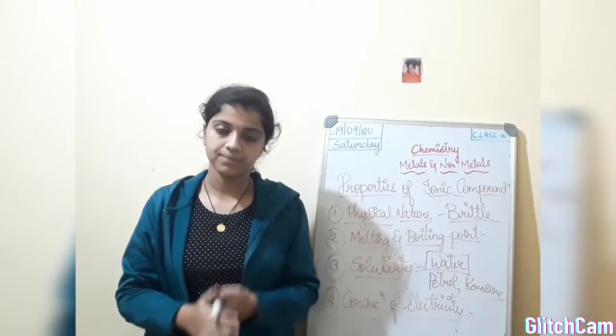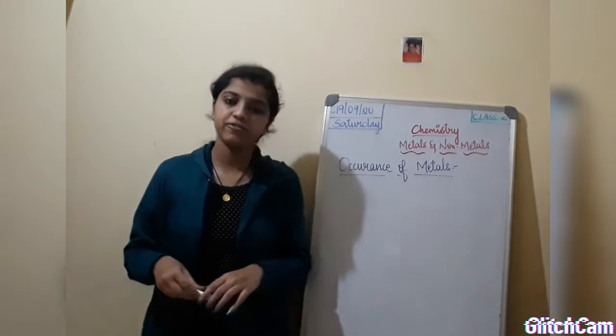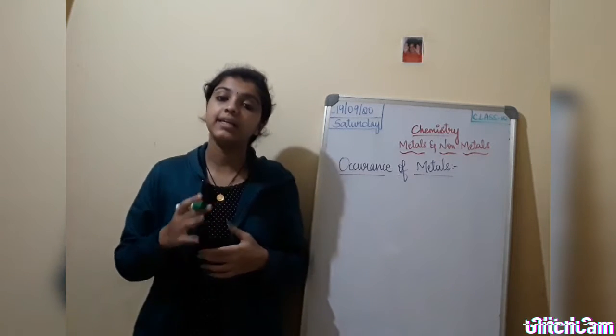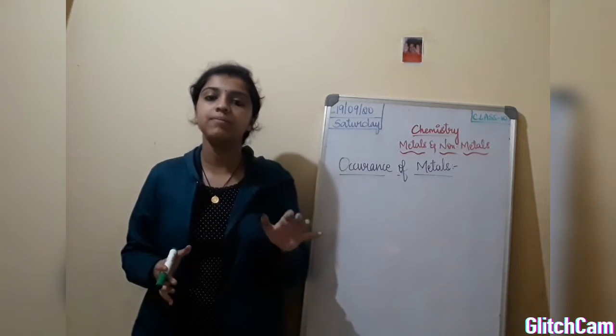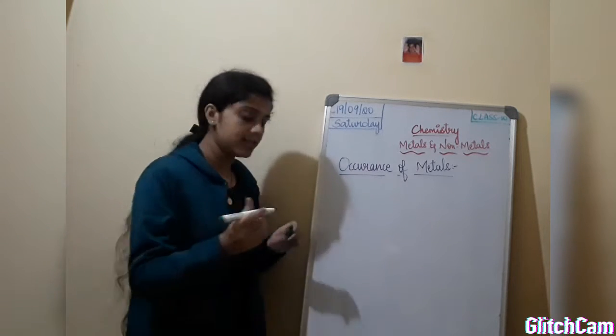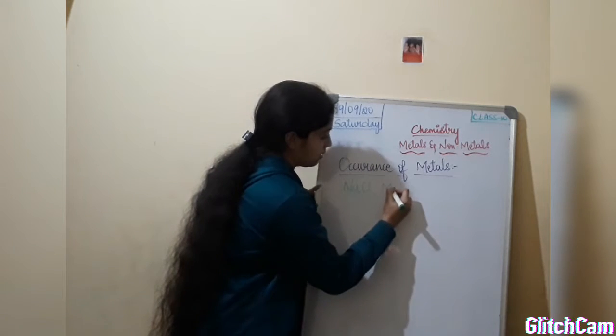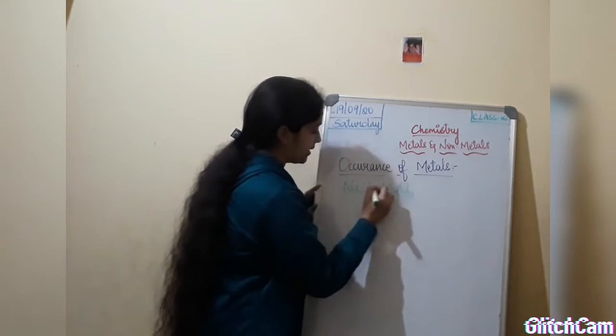So, moving on, we have the occurrence of metals. We all know that the Earth's crust is a major source of minerals. Seawater also contains a lot of soluble salts like sodium chloride and magnesium chloride, right?